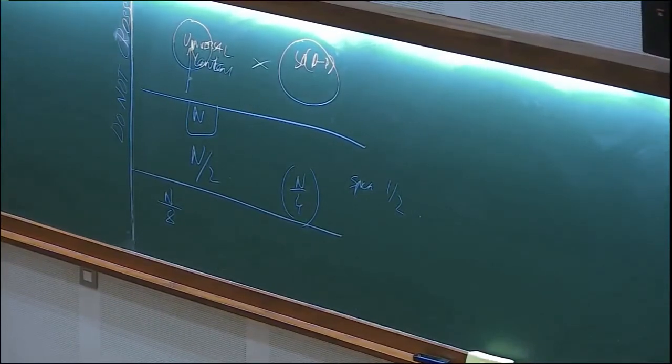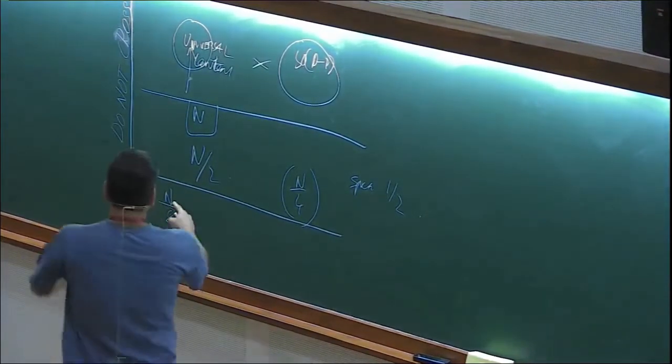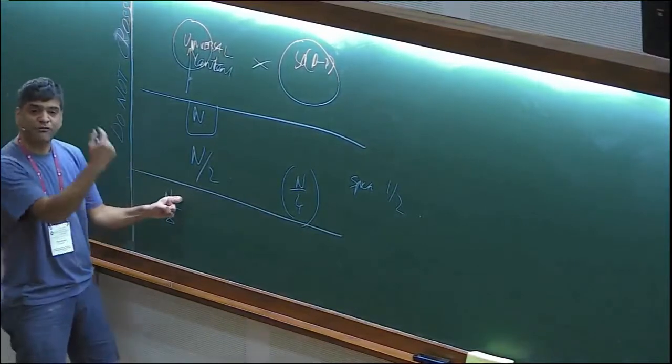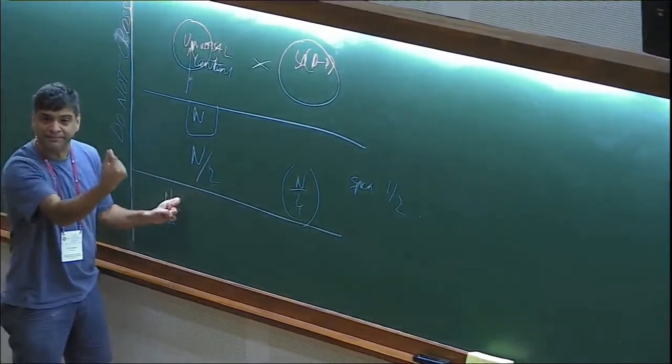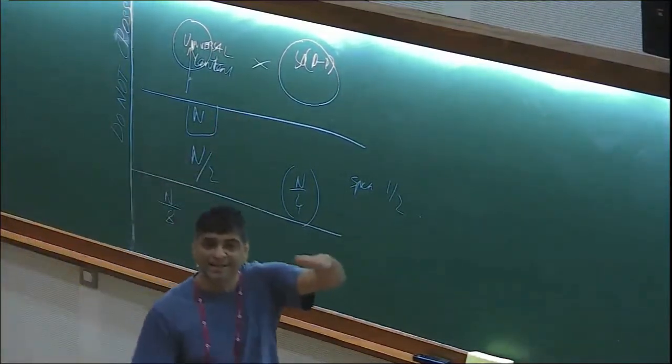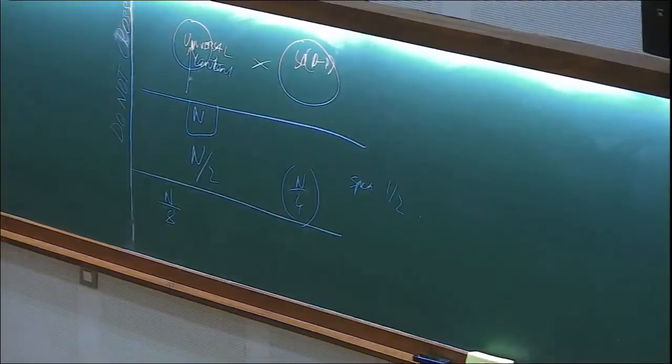Suppose that were the case. Then the range of variation of the spin can go from 1 to minus 1. Is this clear? Under any of these planes? So the range of variation, the difference between the maximum spin and the minimum spin, is at most 2.